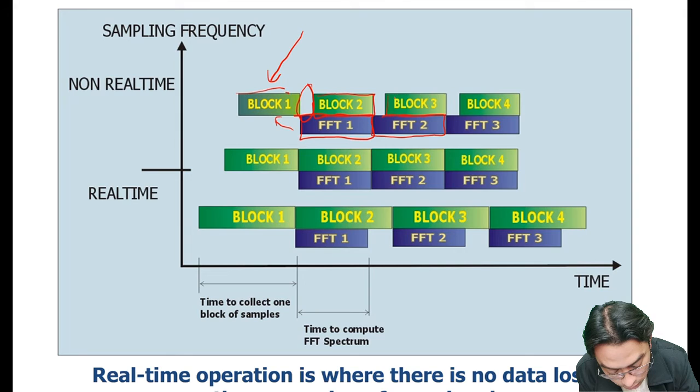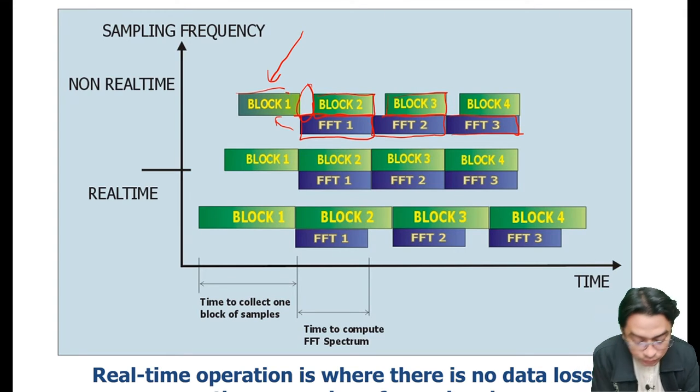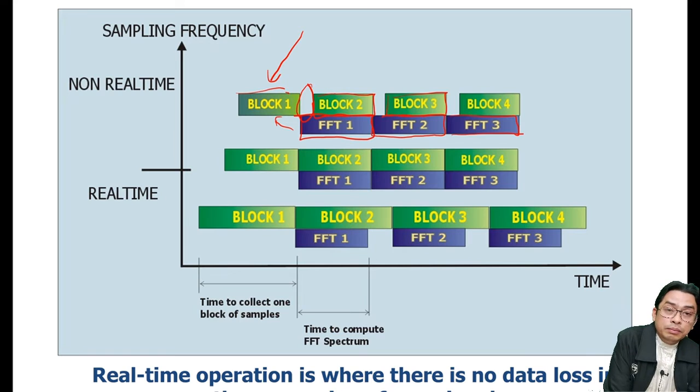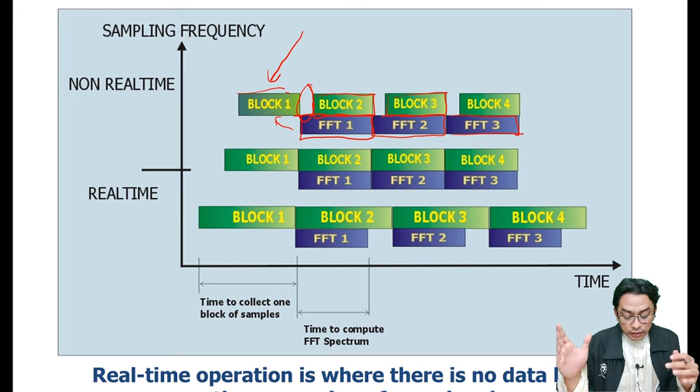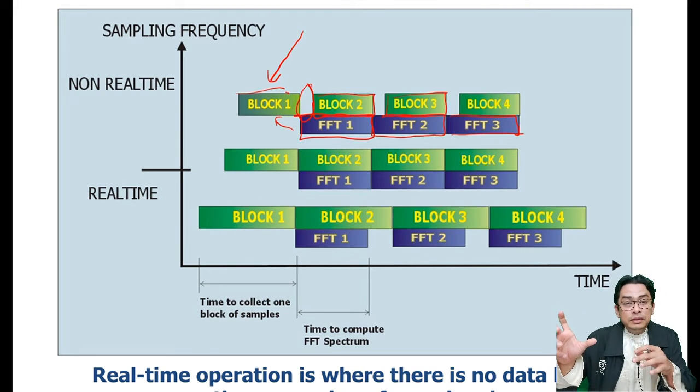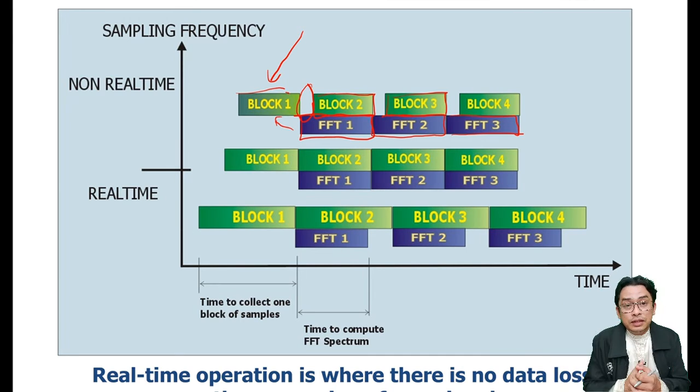Same goes with the third block. It will have a delay, and then it will show the FFT. So this is not real time, because it will show the time domain first, and then it will show the frequency domain. So by the time it shows the second block, at the same time, the first frequency appears. So it has a delay.